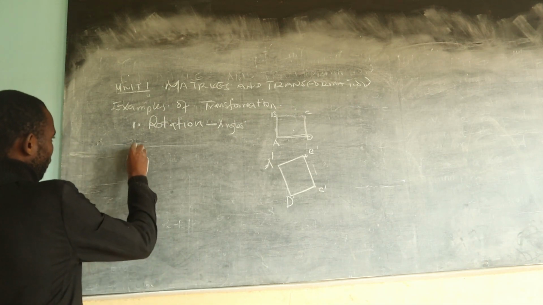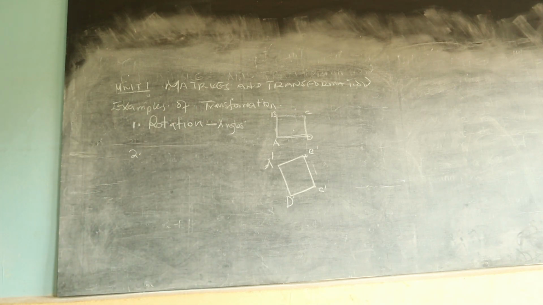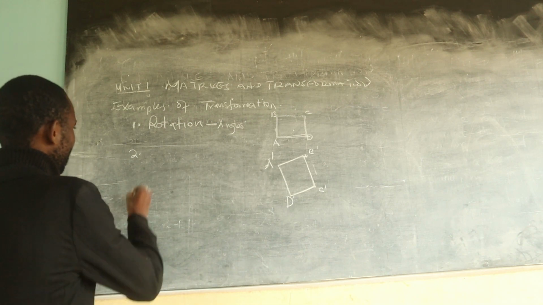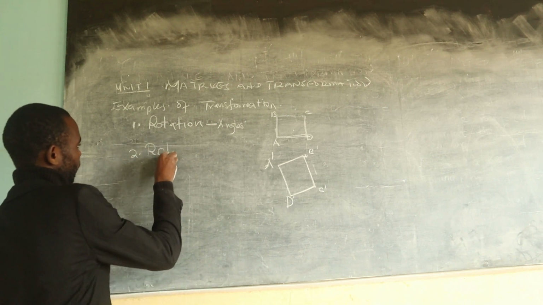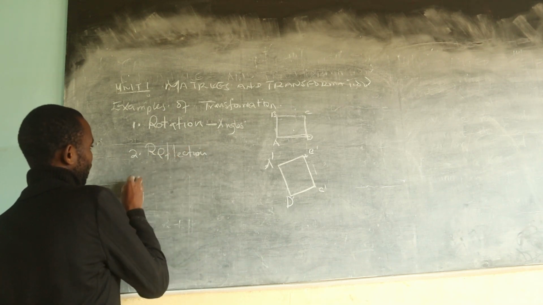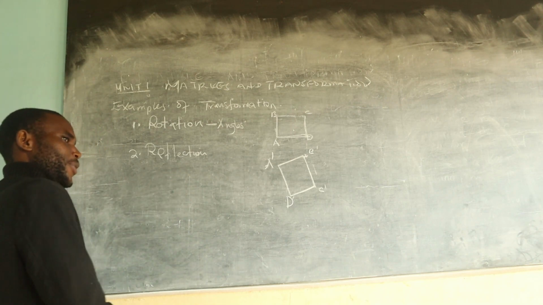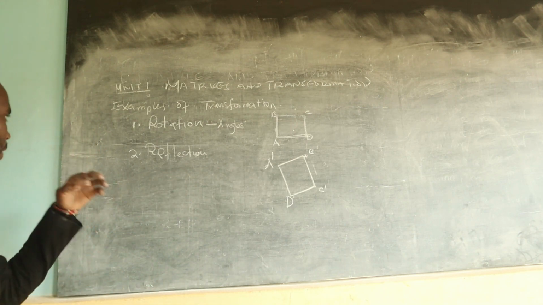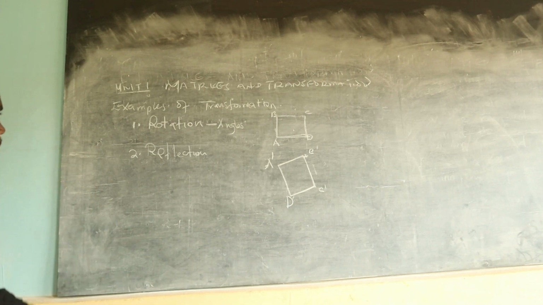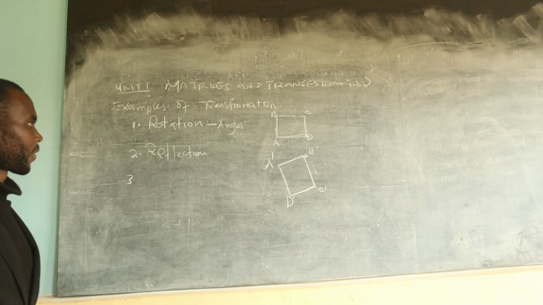So number two, example 2 of a transformation is reflection. We have dealt with this one using a mirror. When you view your face using a mirror, then your face undergoes reflection. It is very simple.